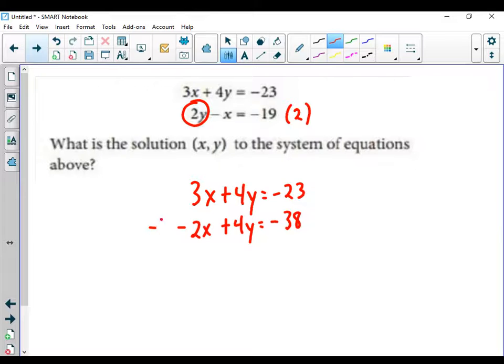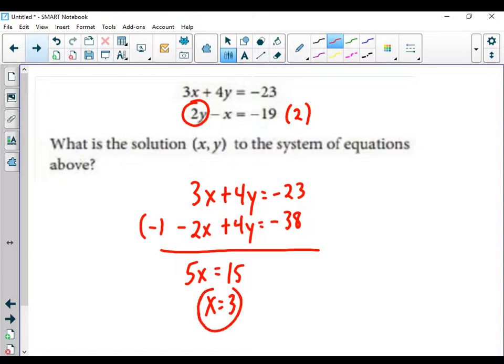They're both positive, which means I need to subtract. So 3 minus negative 2 would be 5. 4y minus 4y is eliminated. Negative 23 minus negative 38 is like adding, so that gives me 15. And I find out that x is equal to 3. I'm only halfway done though, because I need to plug that back in.